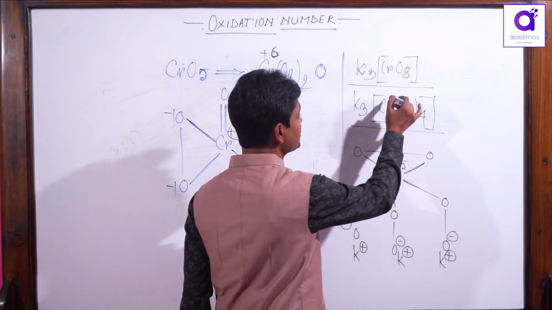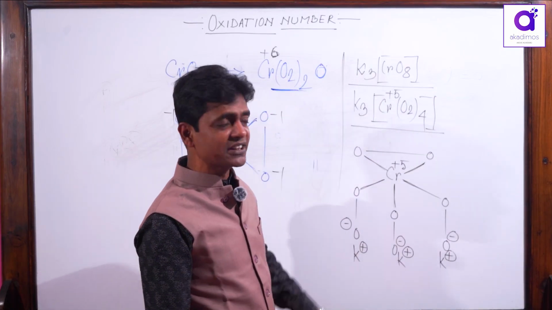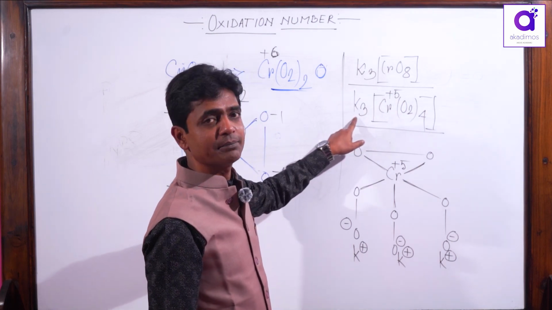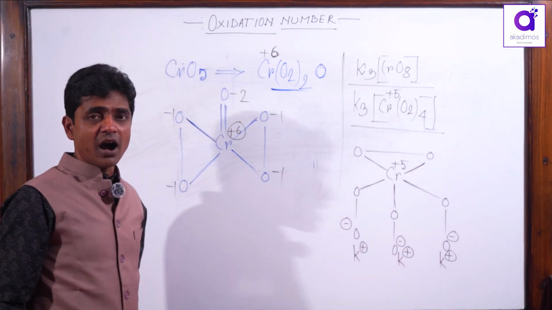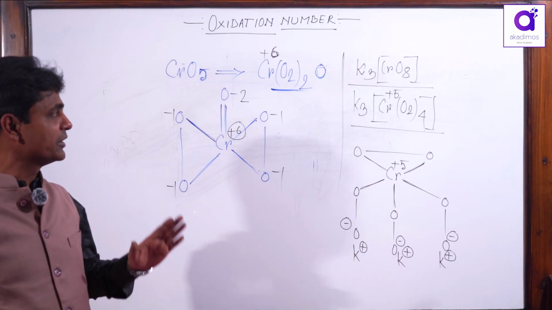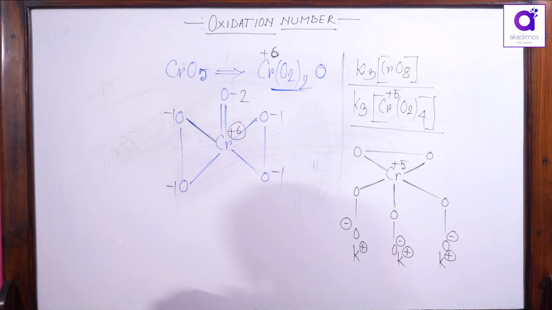Here chromium is in the plus 5 oxidation state. If I take O2 2 minus, then also 4 into minus 2 is minus 8, plus 5, minus 3, and 3K plus. Then you got an idea of how you will get different oxidation numbers of different atoms in a molecule, but the condition is that you have to know the structure of the molecule.